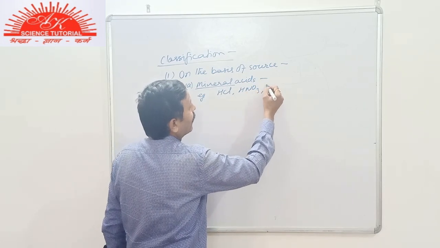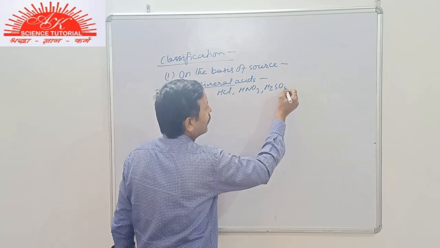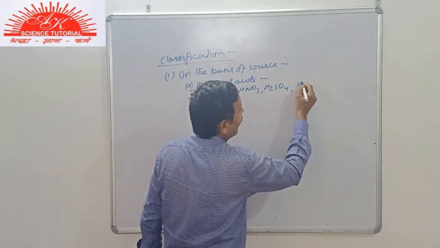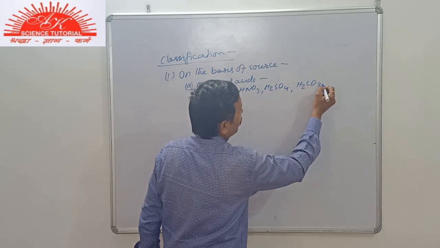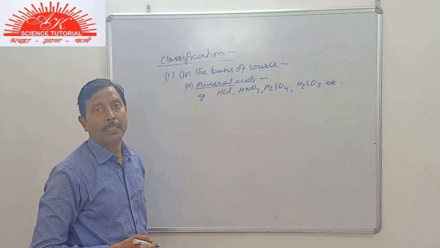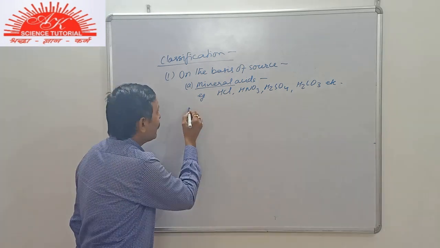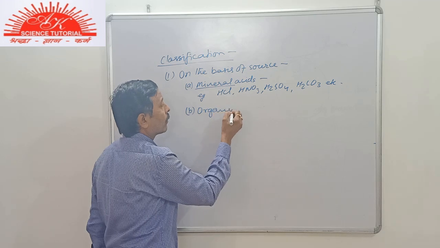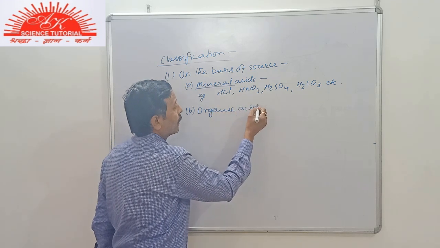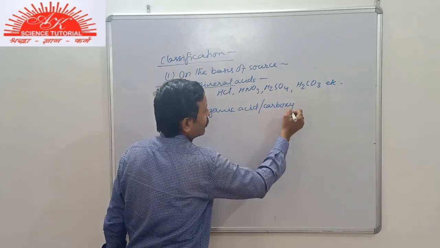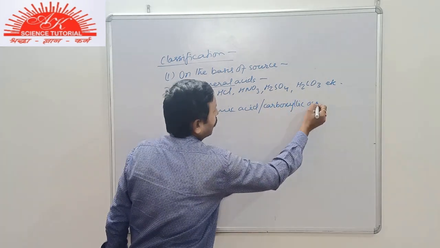Mineral acids generally do not contain carbon except carbonic acid. So these are called mineral acids. Another may be organic acid, also termed as carboxylic acid.